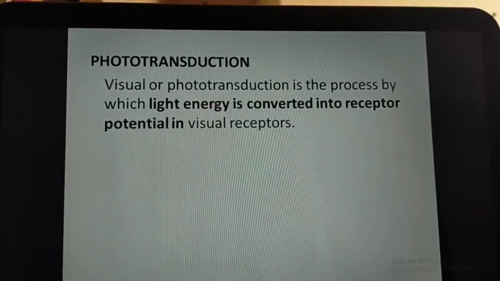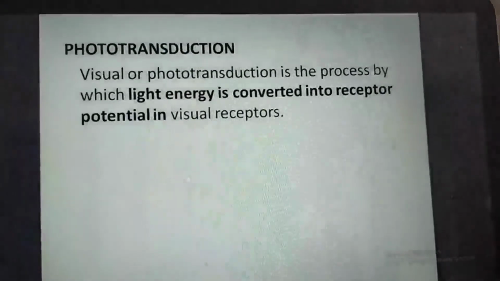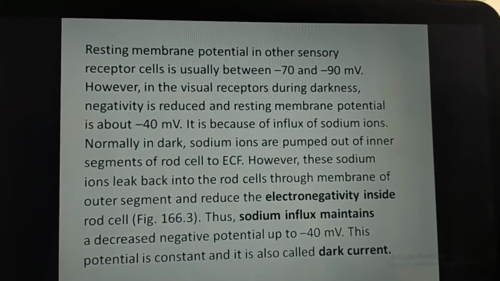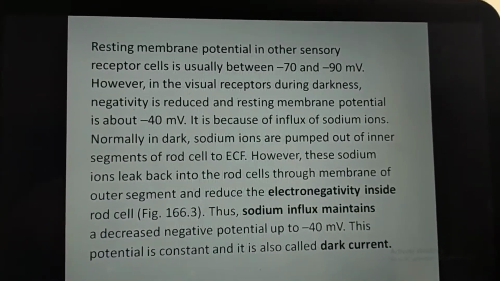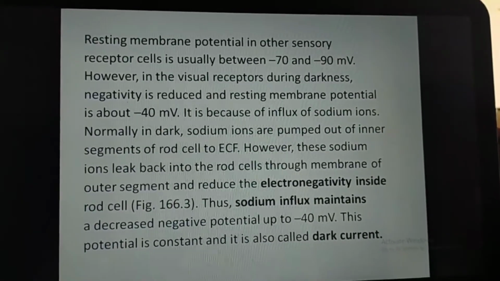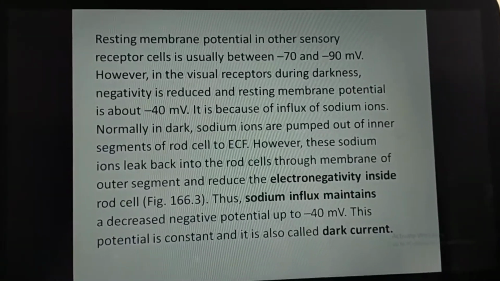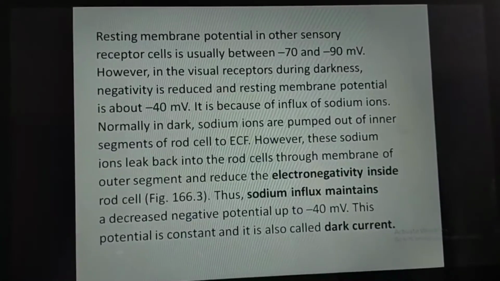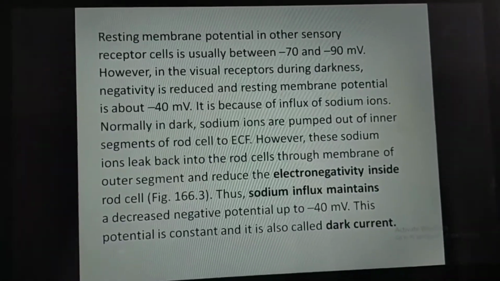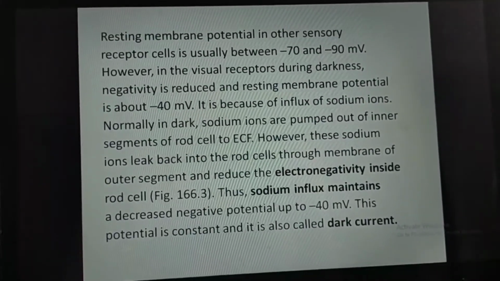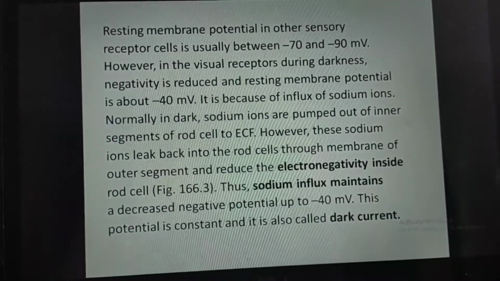We have seen the definition of phototransduction. Resting membrane potential in other sensory receptor cells is usually between minus 70 to minus 90 millivolts. However, in the visual receptors during darkness, negativity is reduced and the resting membrane potential is about minus 40 millivolts.